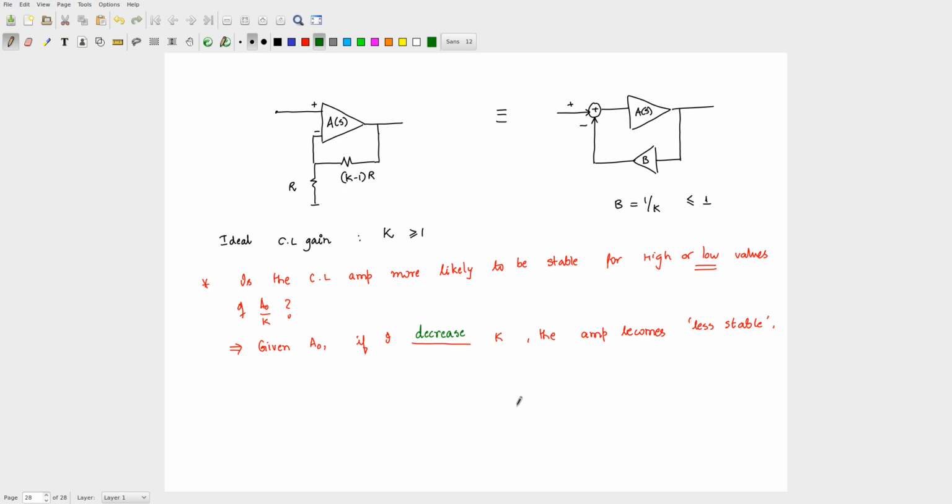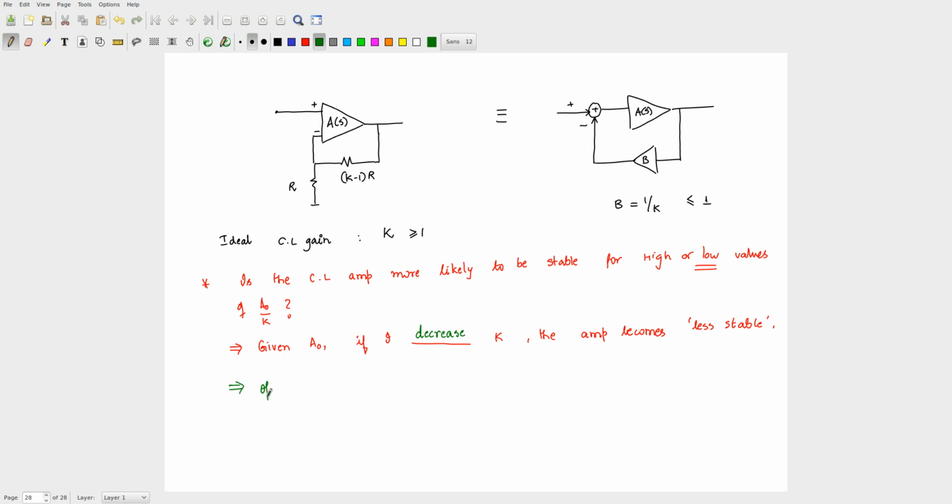All right. So what is the hardest value of k for stability? K, I said, is greater than or equal to 1.